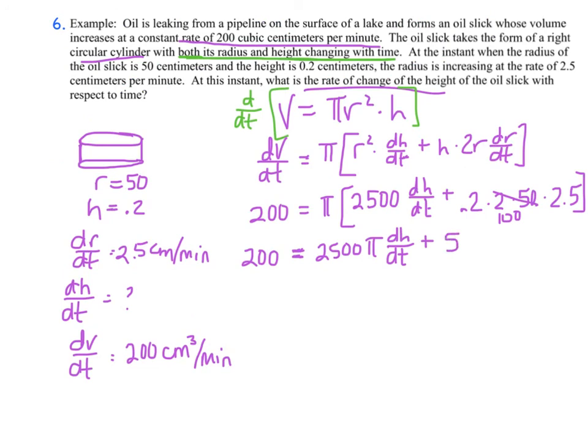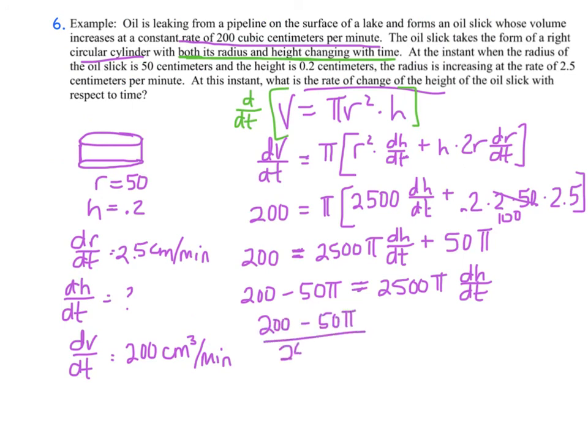So this is really just 50 pi. Now I'm solving for dh/dt. First thing I need to do is subtract away that 50 pi. So 200 minus 50 pi equals 2500 pi dh/dt. Last step is to divide by 2500 pi. So (200 minus 50 pi) over 2500 pi equals dh/dt.